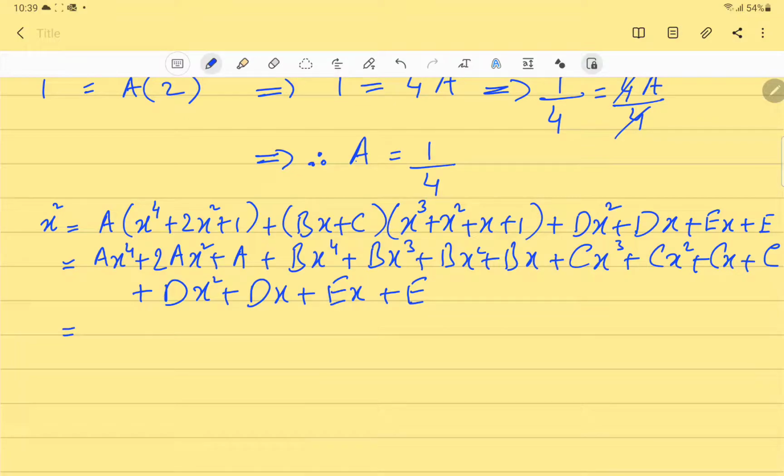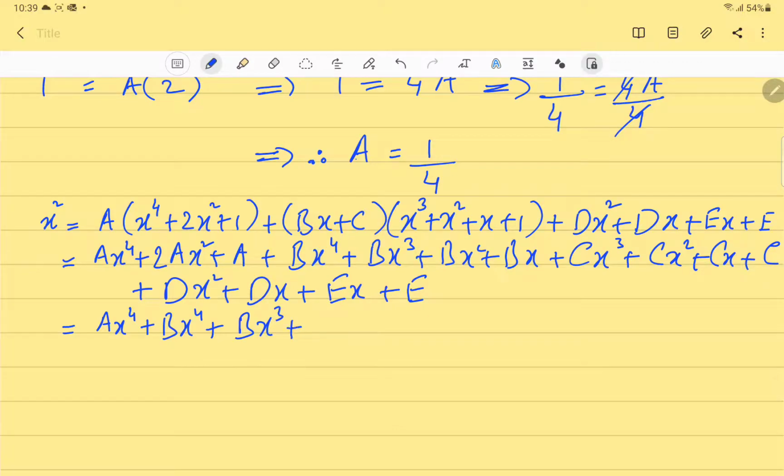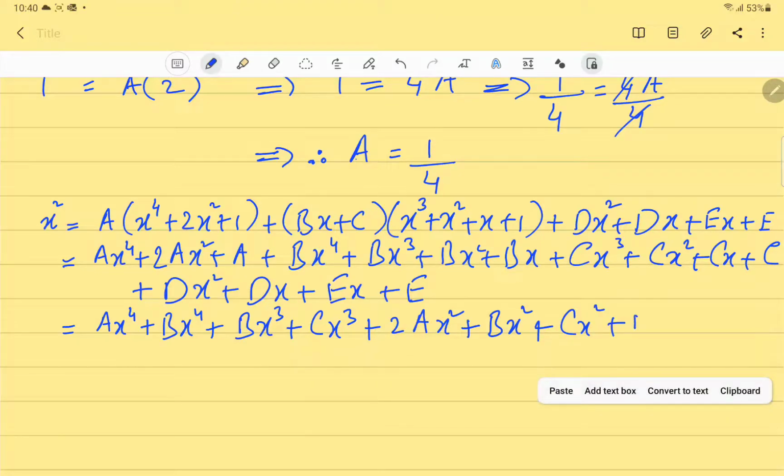So we have ax4 and bx4. These two are with the degree of x4. Now we will look for the third degree, which is bx cube. Then we have cx cube. Now we look for the square, which we have 2ax squared plus bx squared plus cx squared plus dx squared.